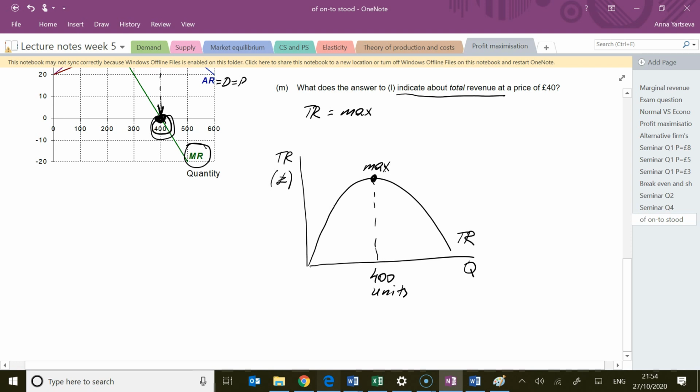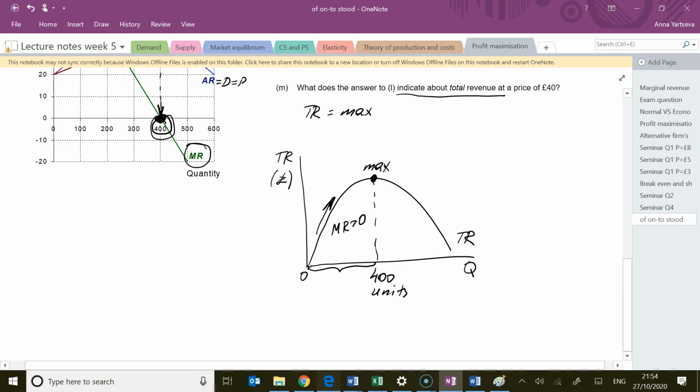When we have marginal revenue which is greater than 0, it implies that each additional unit produced will increase total revenue. So for this level of output between 0 and 400 units, marginal revenue is positive, which means that the more you sell, the more revenue you will generate. Each additional unit will add something on top of the existing total revenue.